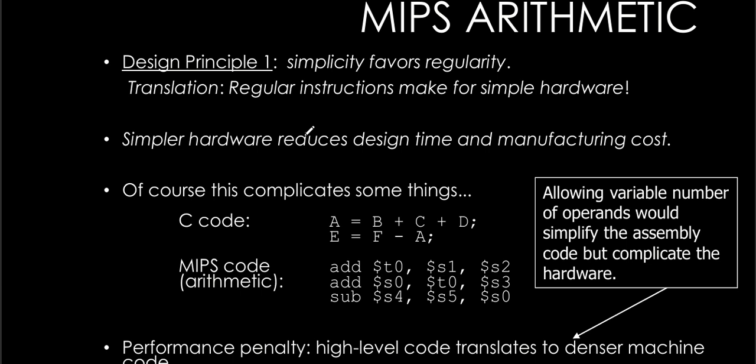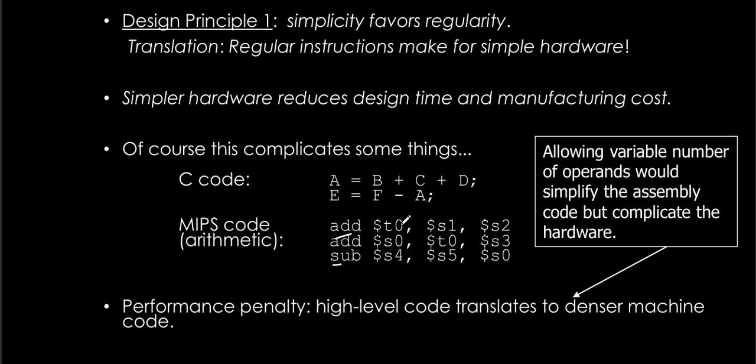When we are transitioning from add to subtract in MIPS, we don't change much. This is the add instruction, this is the subtract instruction, but they look alike in terms of the number of registers and the number of operands we are using. That's the basic principle of simplicity favors regularity.